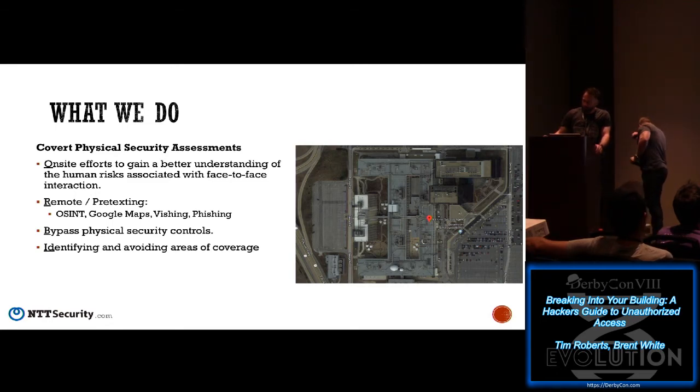So we have it broken up into subject matter experts. Brent and I do physical control bypass, so that's what most of this talk is about: getting into the facility and then getting access to your network, a data jack, or physical copies of sensitive data.